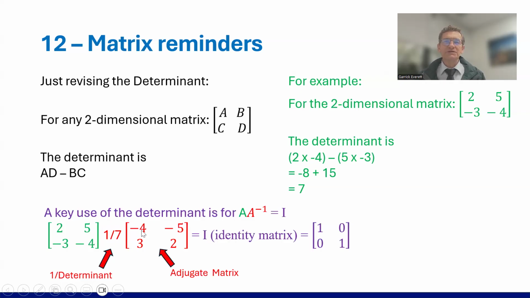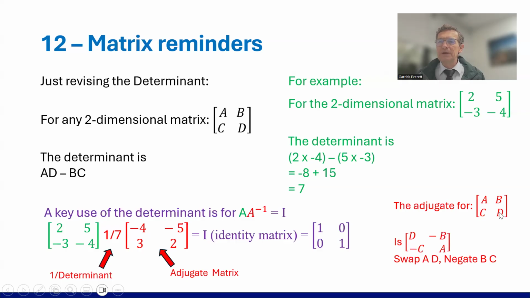The adjugate is just figuring out this is minus 4, minus 5, 3, 2. If you don't remember how to do the adjugate from first year or second year, hopefully it was done in both years. The adjugate for A, B, C, D is we're going to flip the A and D. So swap A, D, negate B, C. So the A and D swap places. There's D.